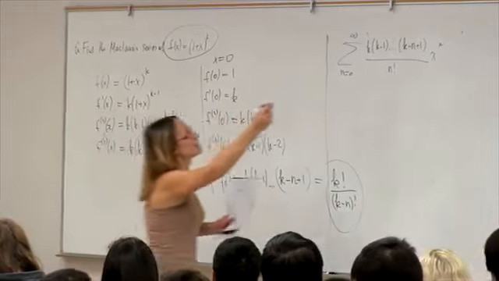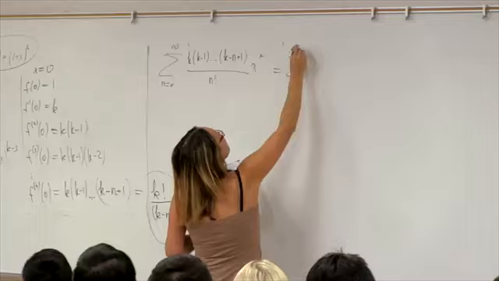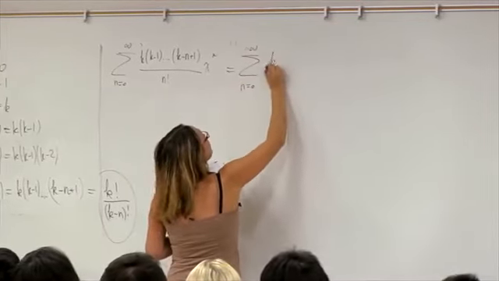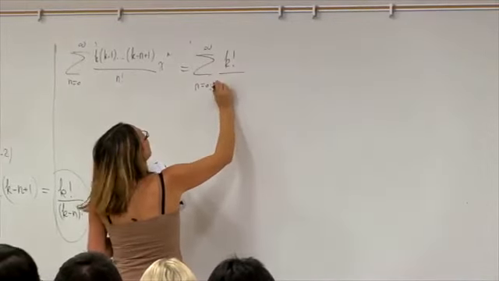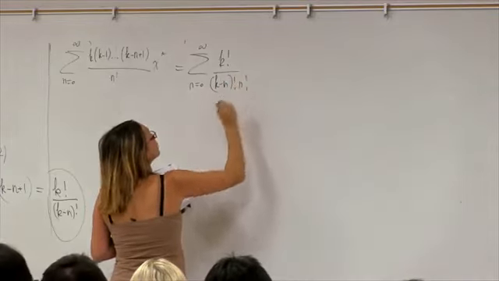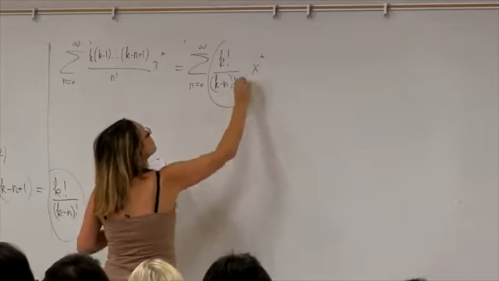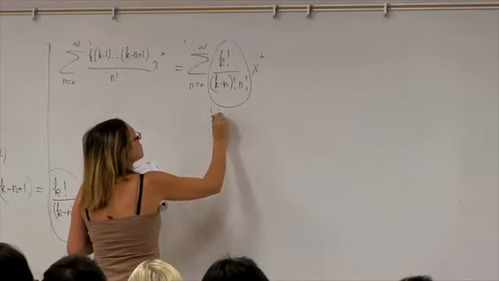Okay, so this allows for a nicer representation here. So I have k factorial over k minus n factorial, n factorial, x to the n. And these things are called binomial coefficients.